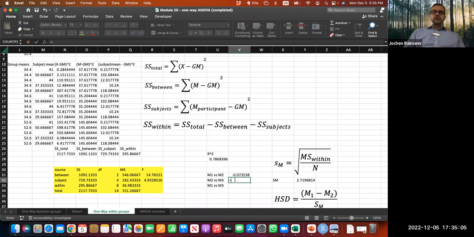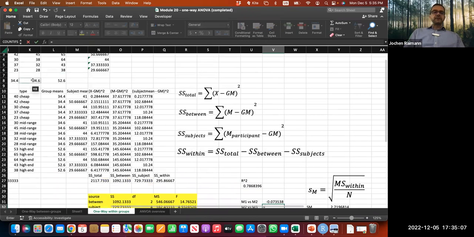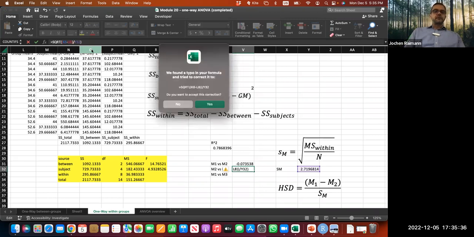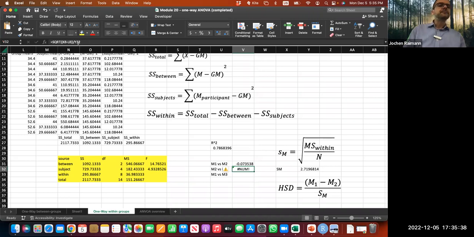Now we do M2 minus M3, divided by 2.78 square rooted, gets us to a Q. Oops.